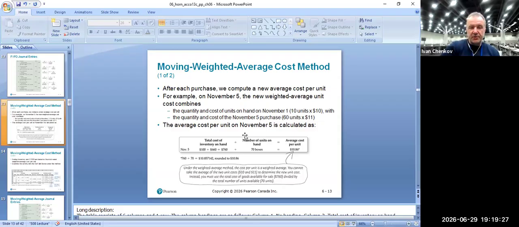Every time there's a purchase, the average cost per unit is going to move. The purchase is going to change the cost of our units by adding more. When we're selling, that's not going to change our moving weighted average cost. So let's see the example. We're still going to play with the same numbers. Let me share my screen.